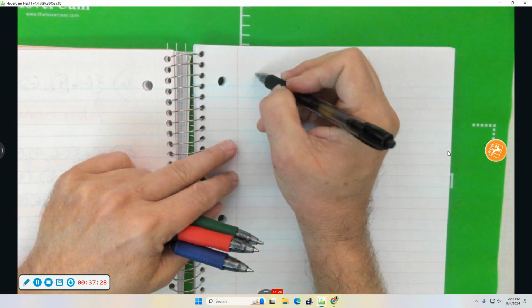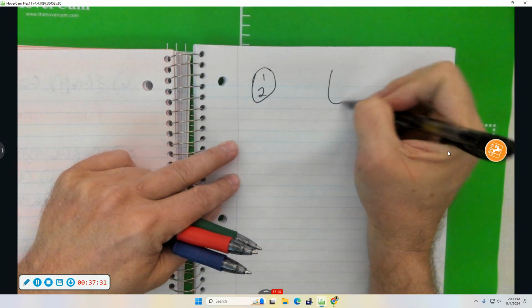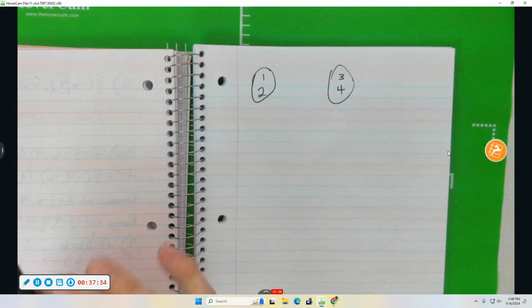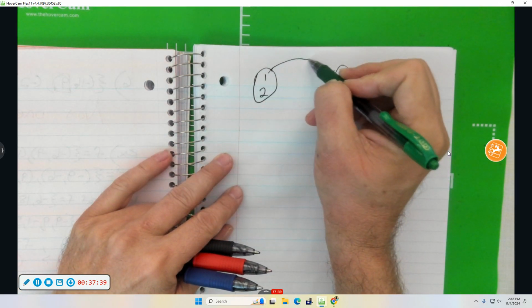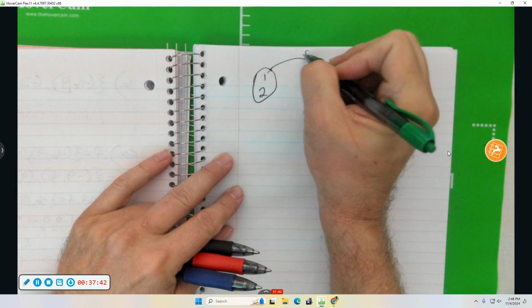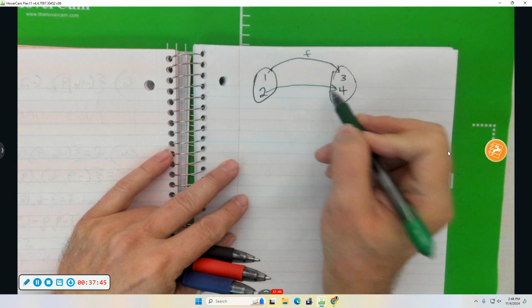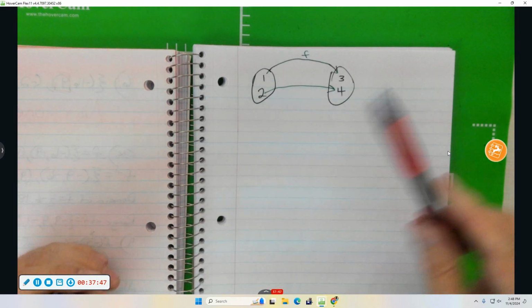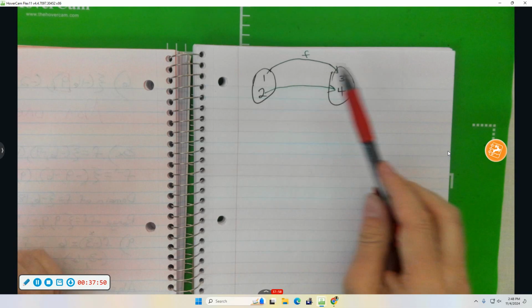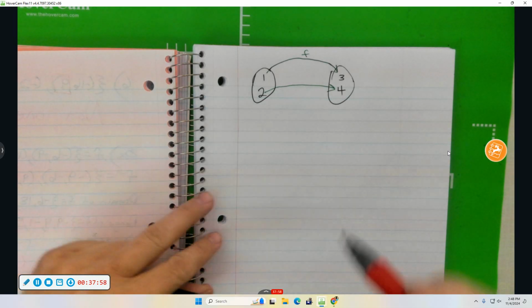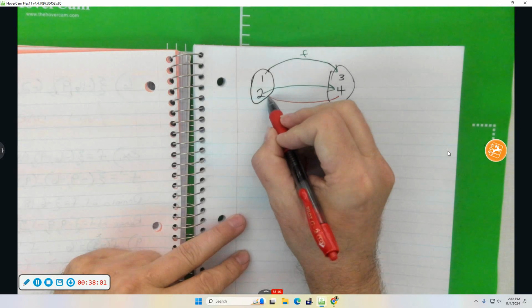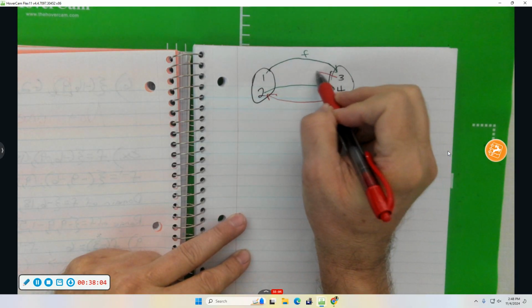For example, let's suppose we have the function f. It's going to take 1 to 3 and 2 to 4. And hopefully you'll agree that's 1 to 1. The y values are not being repeated. The inverse would go in the opposite direction. It would take 4 back to 2 and 3 back to 1.